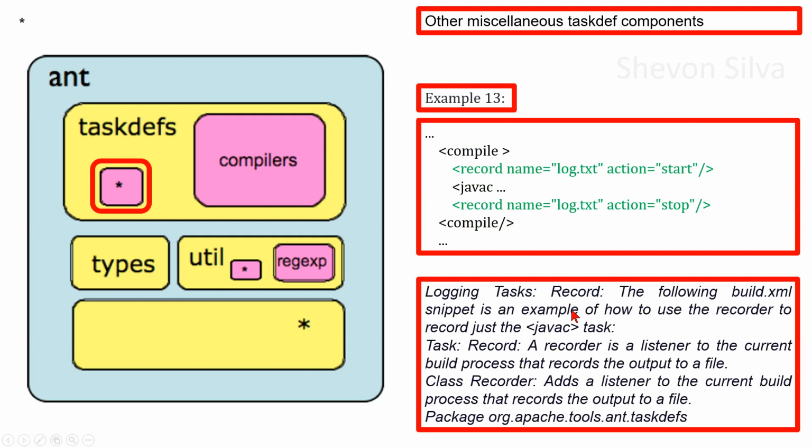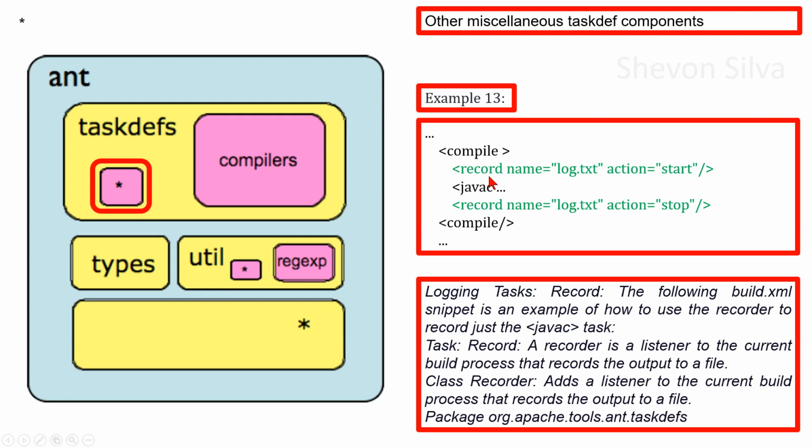Now we are considering record in logging tasks. The following build.xml snippet is an example of how to use recorder to record just the javac tasks. The task record.